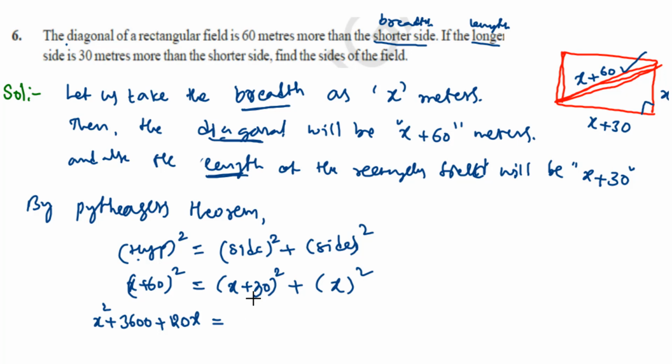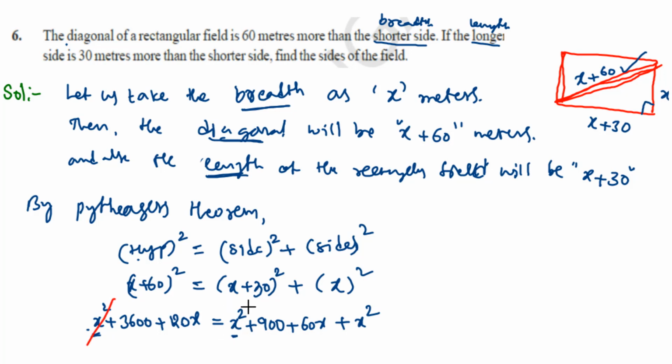So by using that, we get a square as x square, b square as 30 square means 900, and 2ab, 2 into x into 30, 2 times 30 is 60, 60x we get, plus x square. And if you see here, this is x square with positive sign, and here also we have x square with positive sign. So these two terms are equal and have the same sign, so we can eliminate these two terms from both sides.